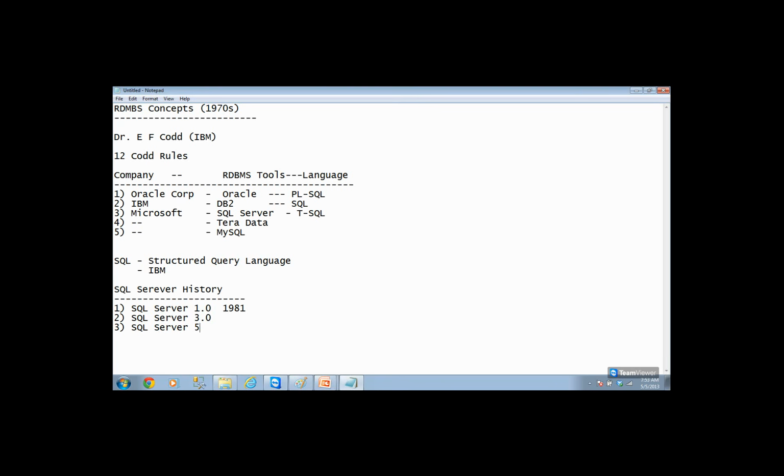Then SQL Server 5.0, then SQL Server 7.0, which was in 1998, I think. Then SQL Server 2000, in the year 2000. Then SQL Server 2005. Then we have SQL Server 2008.